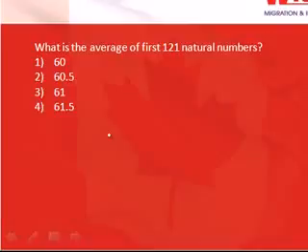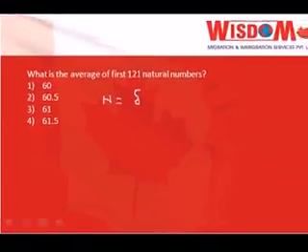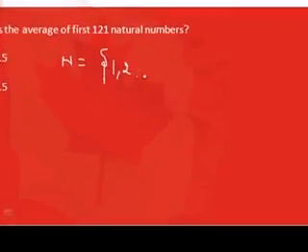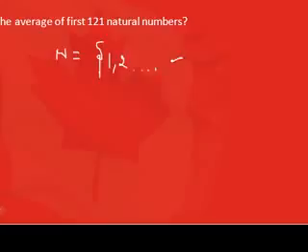So what would be the first natural number? Now let me tell you the definition of natural numbers. Natural numbers are the numbers which start from 1 and go till infinity. So the first natural number is 1, and the 121st natural number would be easy.